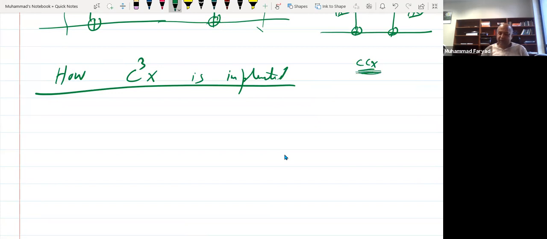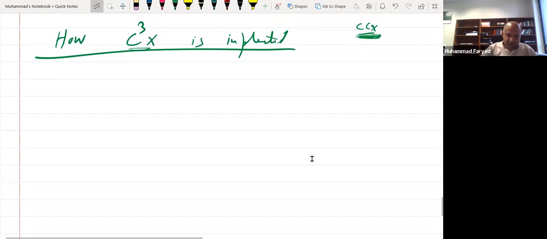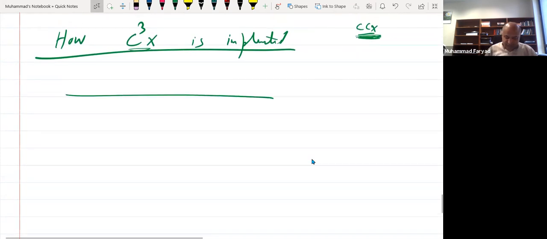This is almost like a high level routine, which has been implemented using a few control X operations and a couple of other single qubit operations. But let's not worry about that, because this is available to us as a direct gate that we can invoke. So I will present its design in terms of this Toffoli gate. So this C cube operation can be done like this.